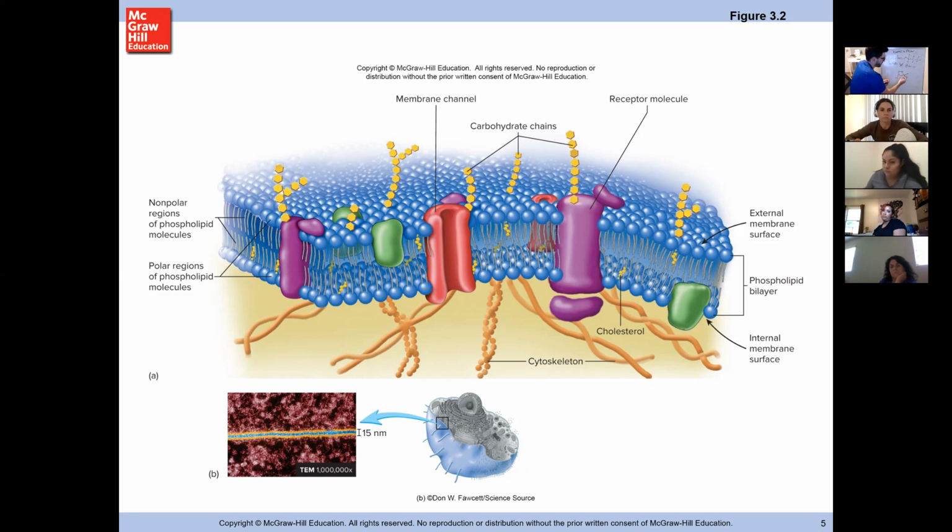This bond that's binding oxygen and hydrogen here and here is a covalent bond, but more importantly, it's a polar covalent bond.